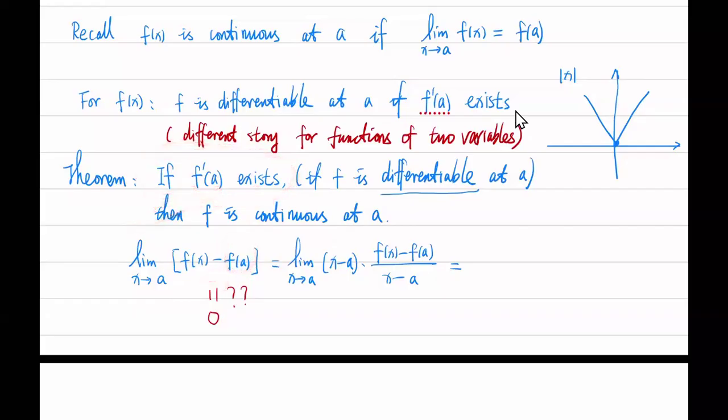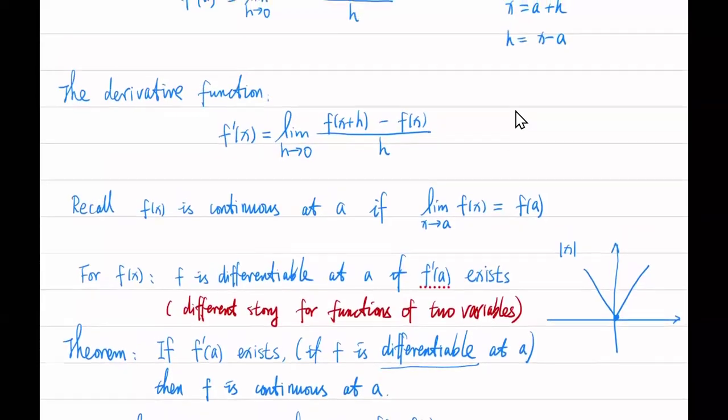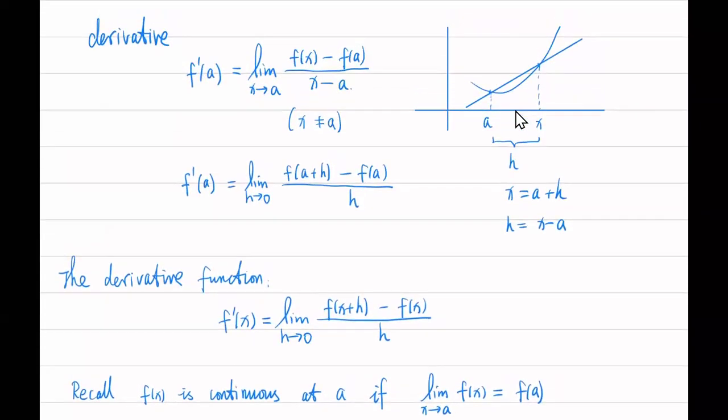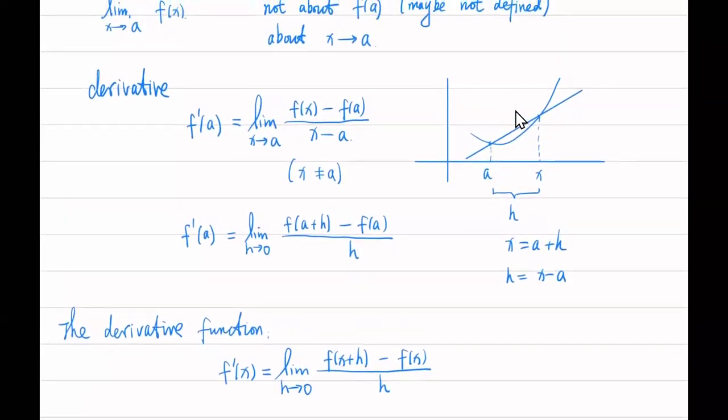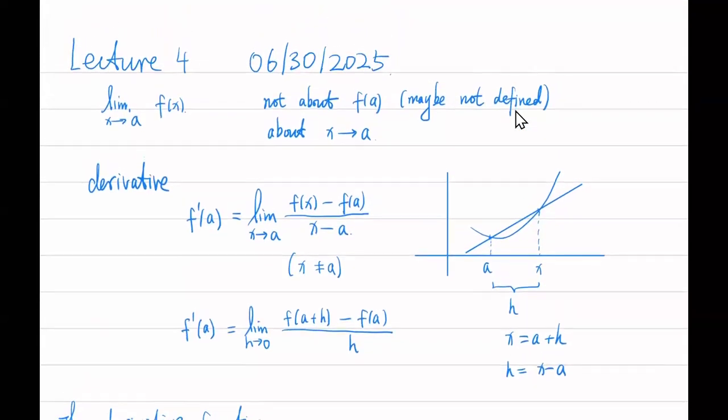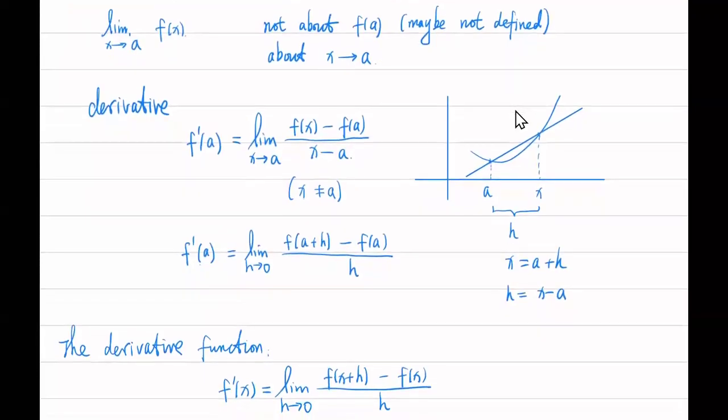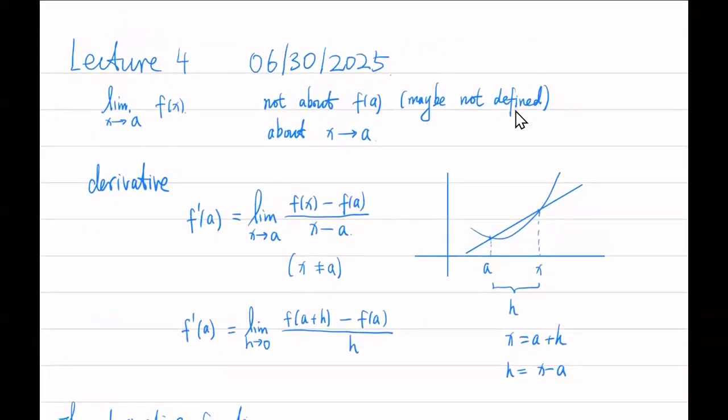Normally we cannot find if f(a) exists. You mean this one? No, the first derivative definition, to figure out if the derivative exists.